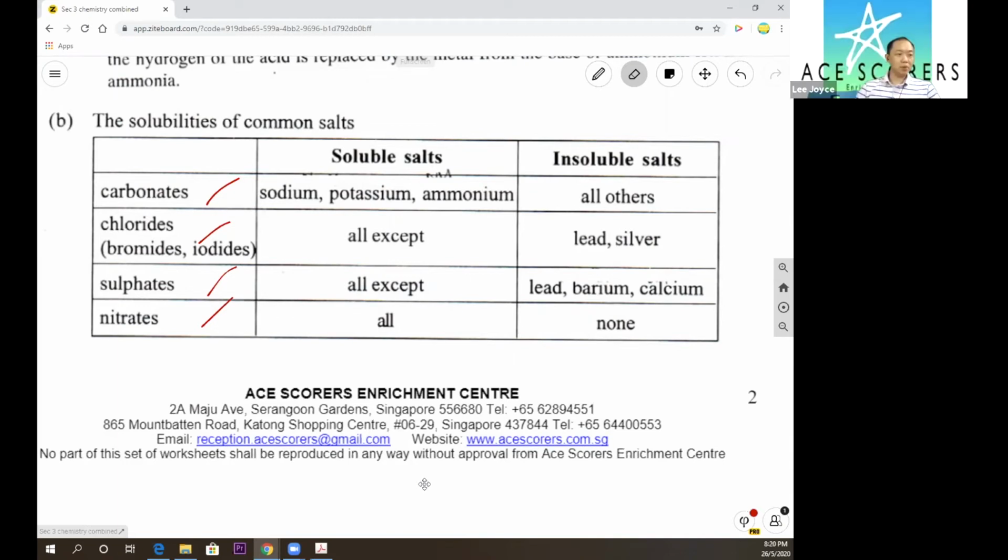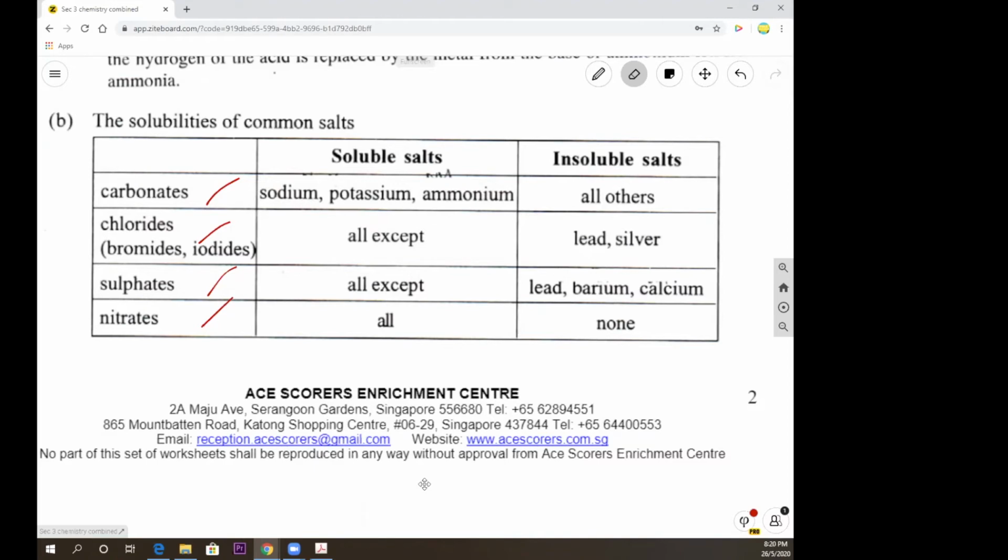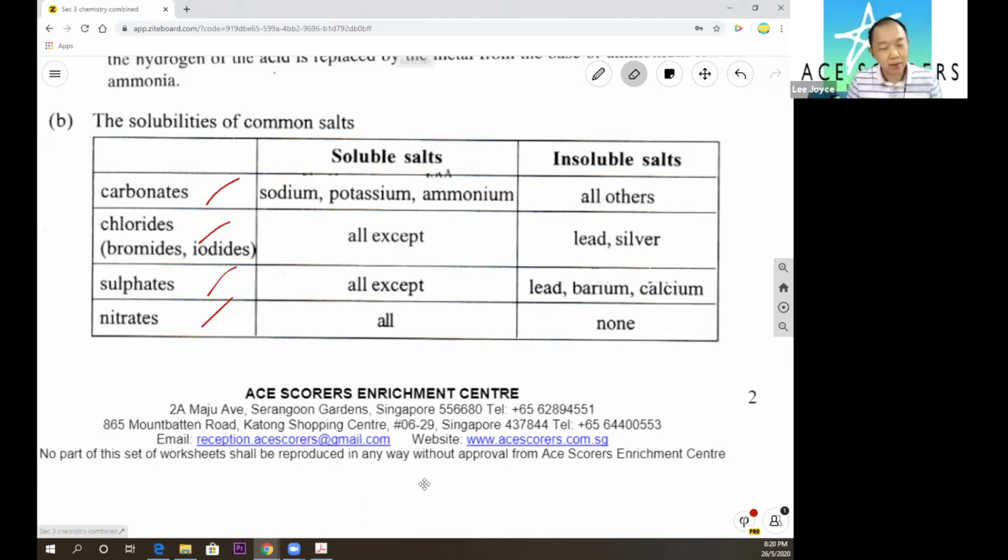I'm also trying to memorize, because this is very useful, so must memorize. Later I'll tell you one way in which I memorize this. I haven't memorized it, I'm memorizing now. I'm not staring into space.